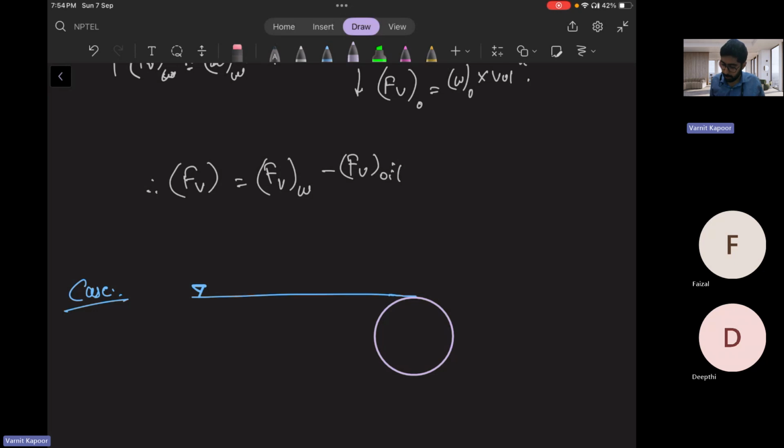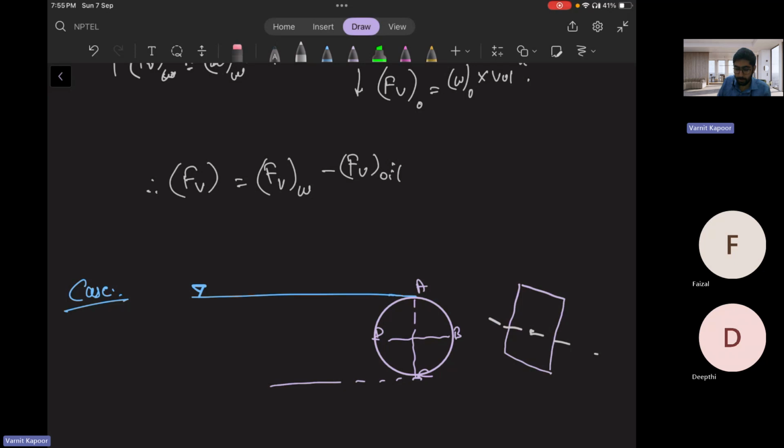Okay, this is your cylinder 3-dimensional inside. So you have, suppose I mark the points A, B, C, and D. So horizontal force will be that much only. If I draw the projected area again of this, it will be again the same.